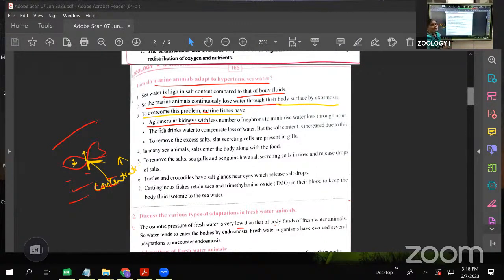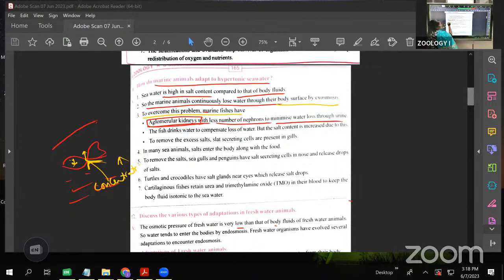The kidneys do not have a glomerulus, so water does not automatically go out. They have aglomerular kidneys with fewer nephrons to minimize water loss through urine. Normally fishes have glomerular kidneys, but in some animals, aglomerular kidneys are present to prevent water loss.